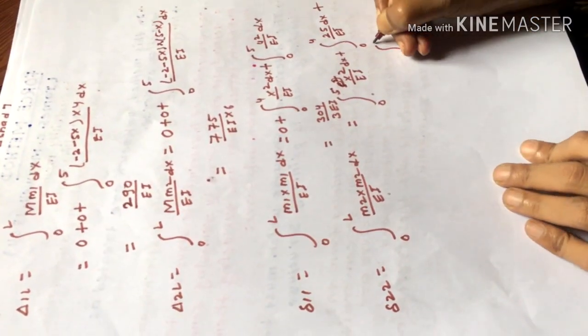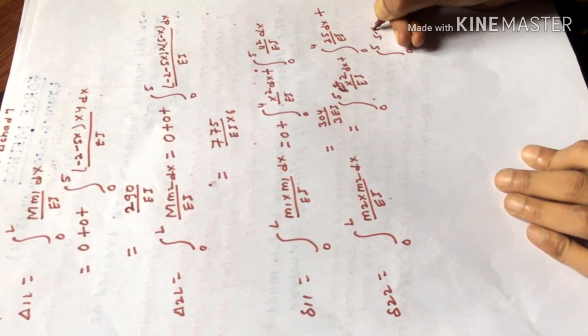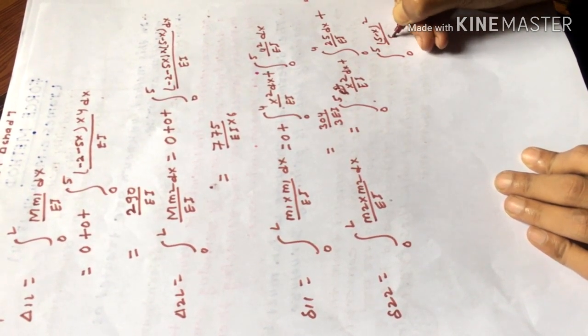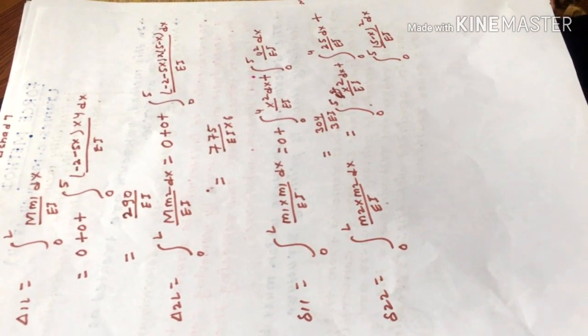So let us put 0 to 5, (5 minus x) squared divided by EI dx.